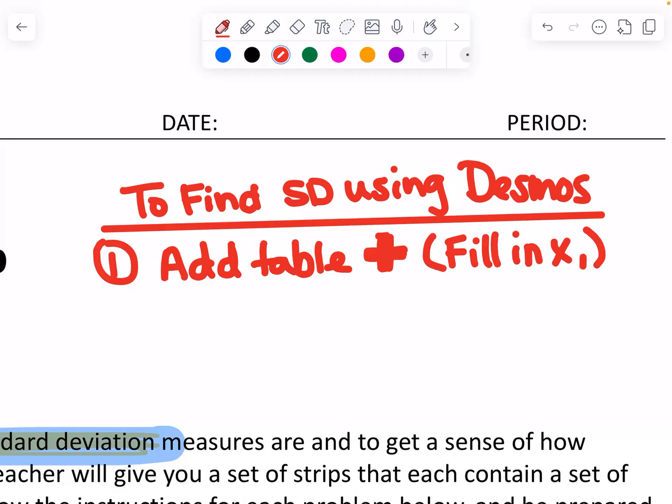Okay. Once we've added a table and filled in the X values from our data set, the next step is going to be to use, I think it's called functions. Let me look really fast. Yeah, so we're going to use the functions menu in Desmos.